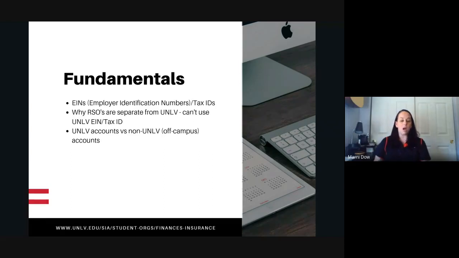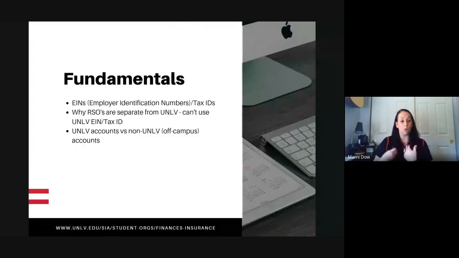And then I also want to talk a little bit about the way that UNLV student organizations account for their money. There are two ways right now. It's with UNLV accounts. That would be perhaps a department or academic unit that has access to maybe a PG number or some other account in Workday that's dedicated to that student organization.